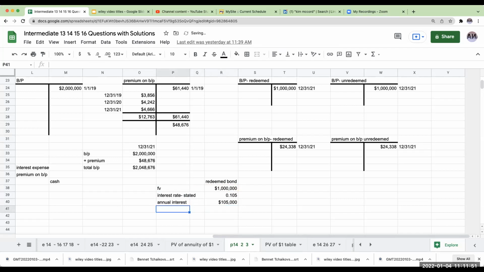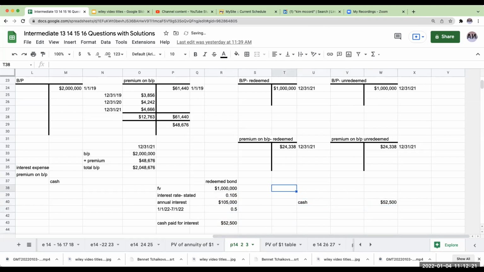So for the cash paid from 1/1/22 to 7/1/22, I need to multiply this by 0.5. So my cash paid for interest is 105,000 times 50%, or 52,500. So I'm going to credit cash for 52,500. Kind of makes sense.